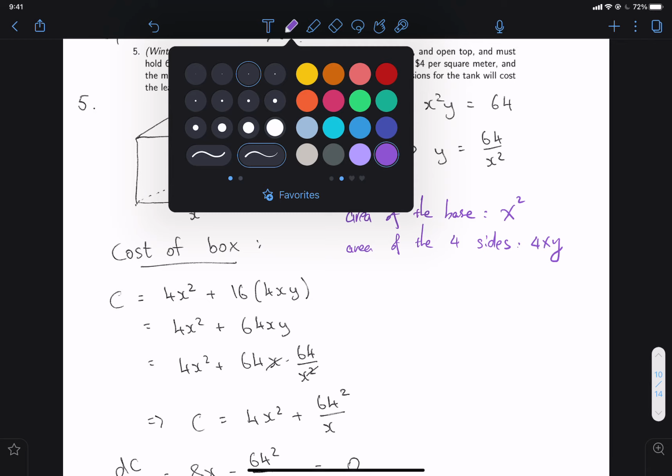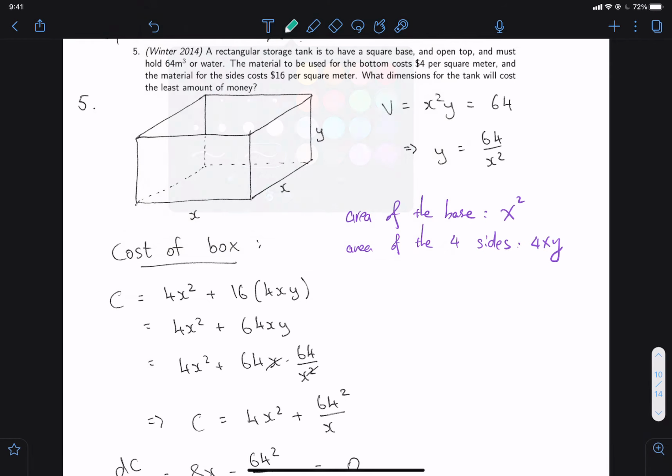For the base, it costs you $4 per square meter, right? That's the bottom. But the sides are going to cost you more. That's going to cost you $16. So we multiply the area of the base by the cost per square meter to obtain the cost of the base.